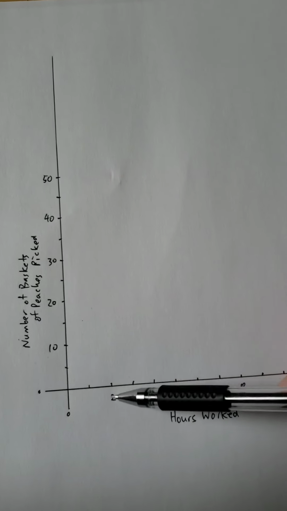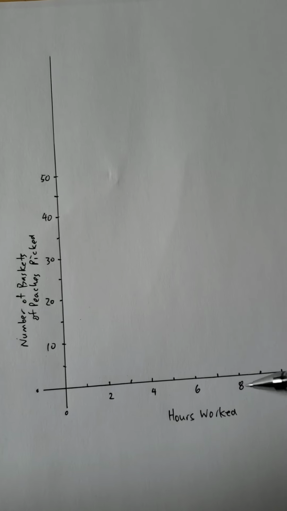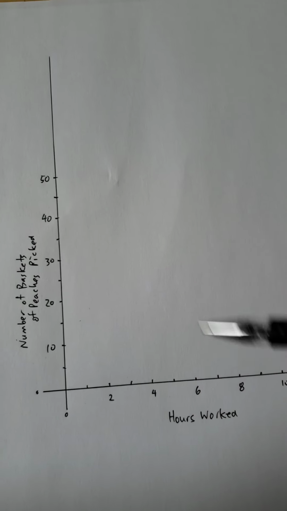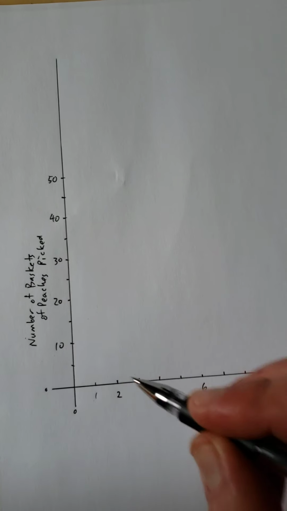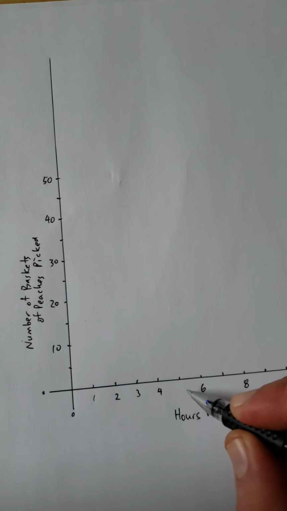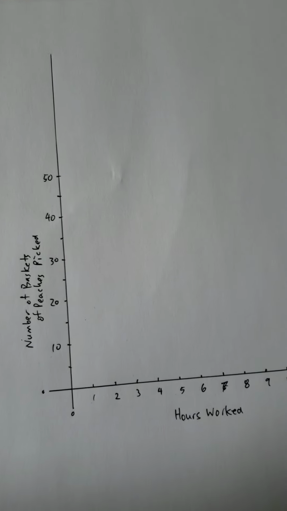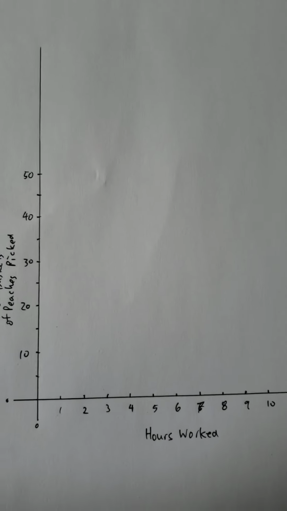So this is 2 centimeters, so 2 hours, 4 hours, 6 hours, 8, and 10. I could put 1s and 3s in there if I'd like to, and I actually might just to make it more complete. But if you're running out of space, you can skip them. Okay, I also did that with the other variable.